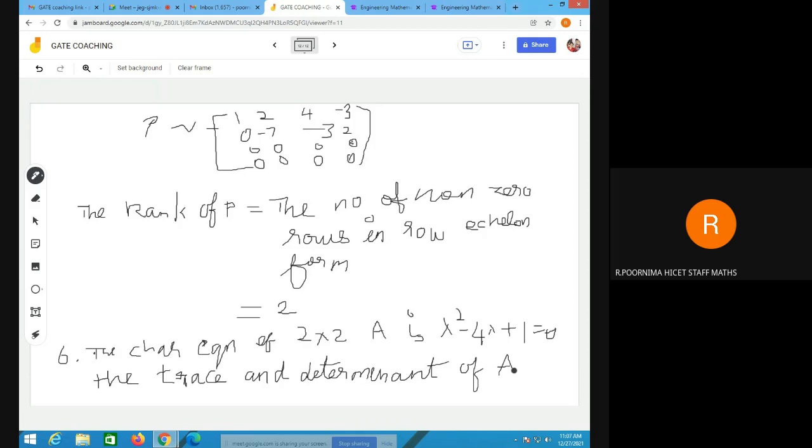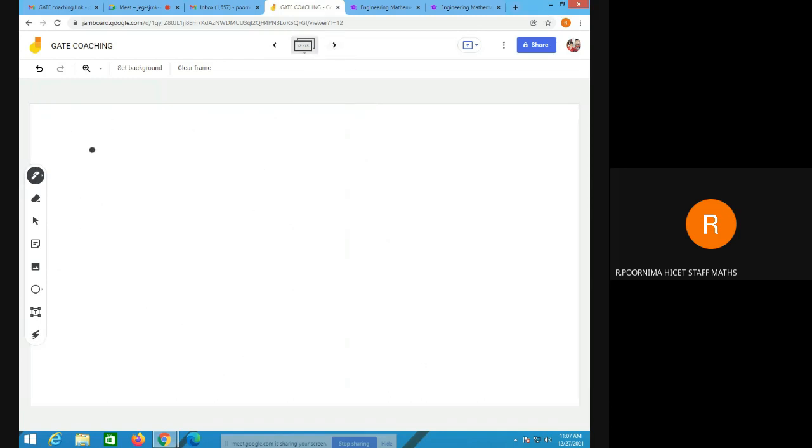Then the trace and the determinant of A respectively are: A choice, minus 1 and 4, that means trace is minus 1 and the determinant of A is 4. B choice, 1 and minus 4. Choice C, 4 and 1. And D choice, 4 and minus 1.